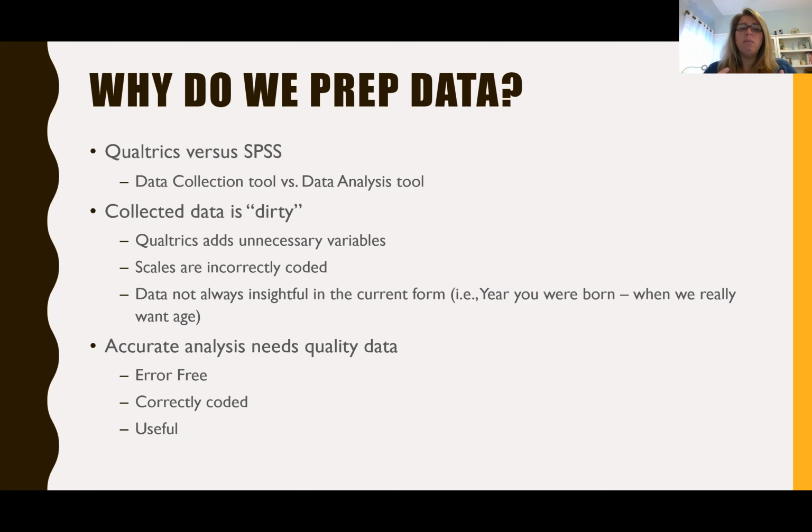And then the third part is that the data isn't always insightful in its current form. So for example, we want people to answer the question about age, but we had to change it to what year were you born, because it's more socially desirable of a question to answer versus how old are you. There's some social stigma associated with people wanting to answer that question. So we asked, what year were you born?